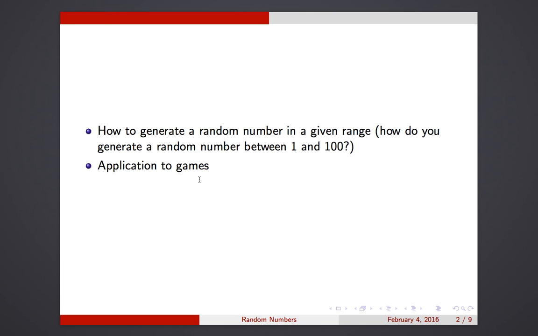Or think about writing any sort of game program, cards or not, where maybe the computer is supposed to act like an idiot, like an easy mode. The easiest way to write an easy mode is for the computer to just make its moves at random, right? You tell the computer, no strategy, just make a move at random. That's what an easy mode might do. And so to make a move at random would correspond to choosing a random number somehow.